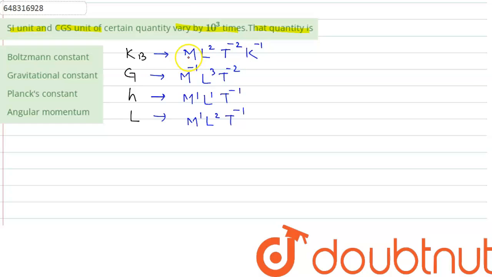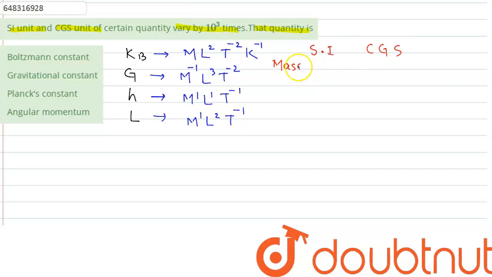In CGS we use gram, centimeter, second, and Kelvin for temperature. So temperature and time have the same units in SI and CGS, but mass and length vary in the two systems.